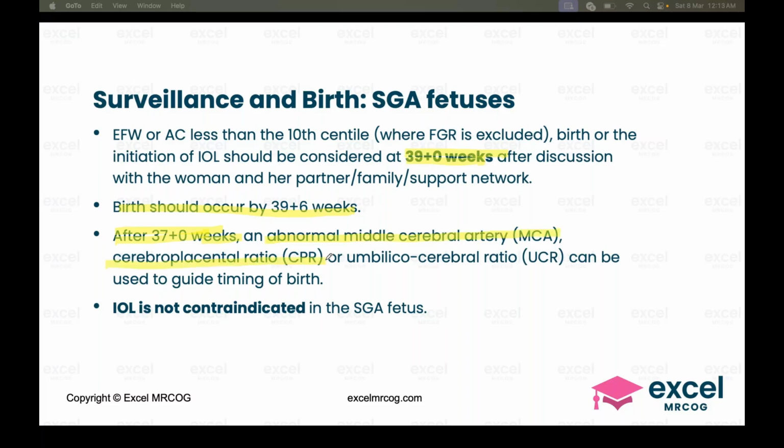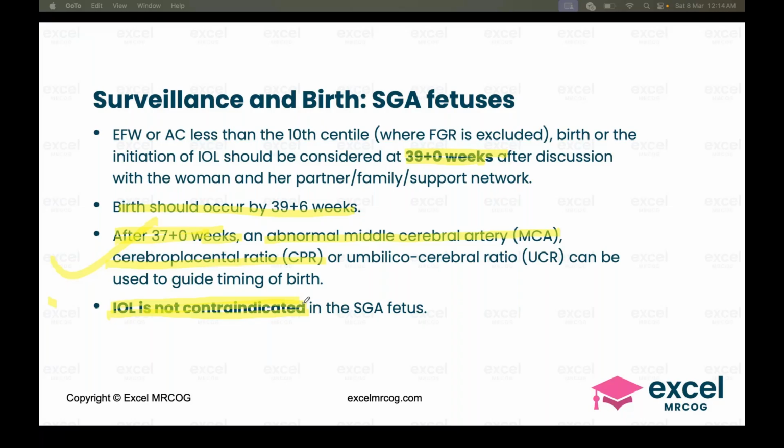So if you have to deliver a baby that is SGA before 39 weeks, you check the Doppler, and if you see brain sparing, that is increased flow in the brain and reduced flow in the umbilical artery, in that case you can consider delivery after 37 weeks. Okay. Induction of labor is not contraindicated in SGA. You don't have to do cesarean for all. Right. CPR less than 1, Dr. Mahmood. Okay. Or CPR less than 5th centile is what the guidelines mention.